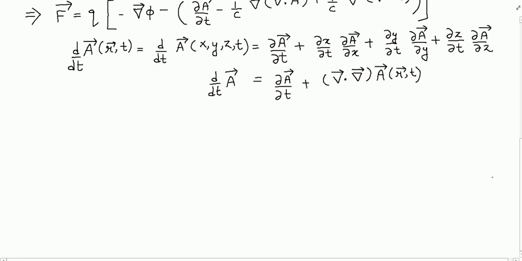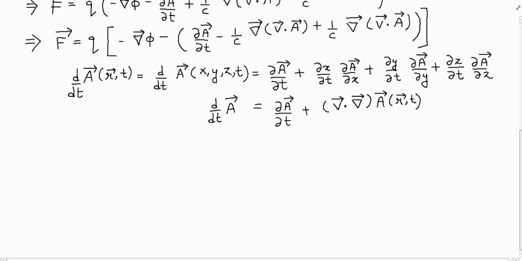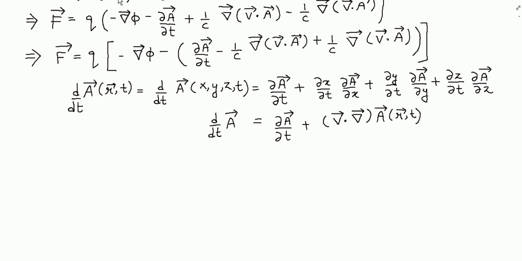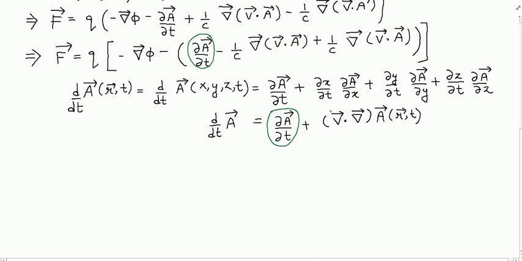Okay, so let us see if I can find these terms here. Okay, so dA by dt partial derivative is here, added with v dot del acting on a. Okay, let's see if we have v dot del acting on a.